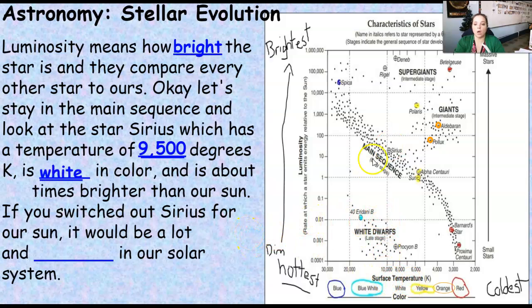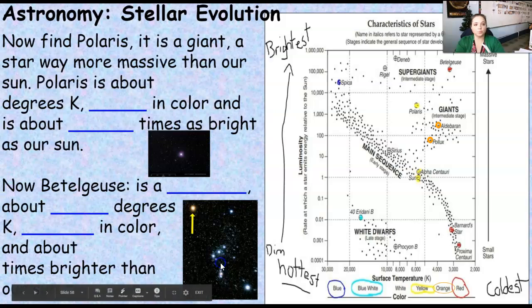And it is about how many times brighter than our sun? Well, let's see. There's the sun. There's that. Maybe 20 times brighter. Yeah. Because there's 10. There's 100. I'm going to say about 20 times. If you switched out Sirius for our sun, it would be a lot hotter and brighter in our solar system, we probably wouldn't even be here. Like Earth would be fried.